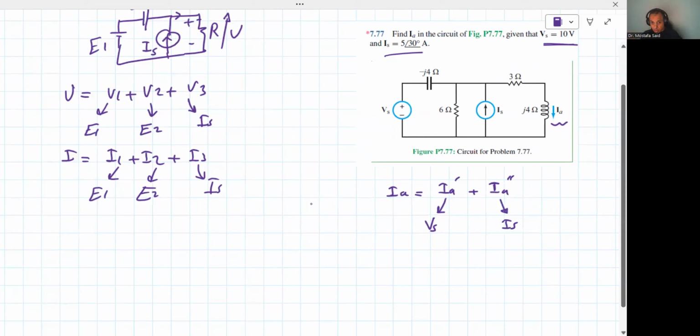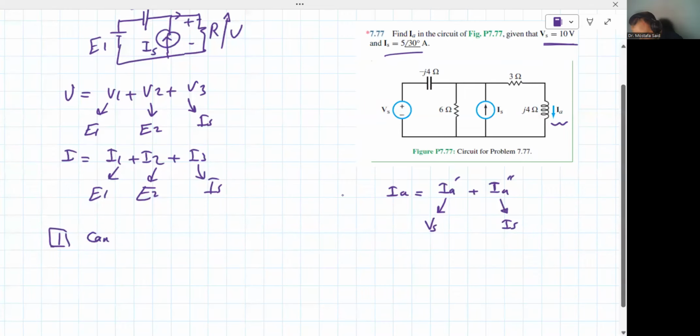So we're gonna solve this circuit twice. The first, when we cancel IS, so we get the current IA dash. Then we cancel VS and keep IS, we get IA double dash. Add them together, you get IA. Okay.